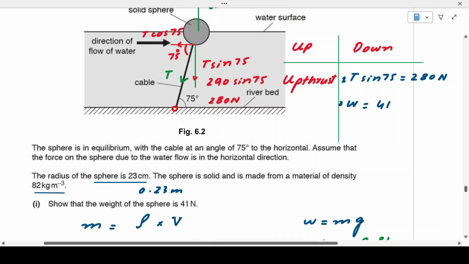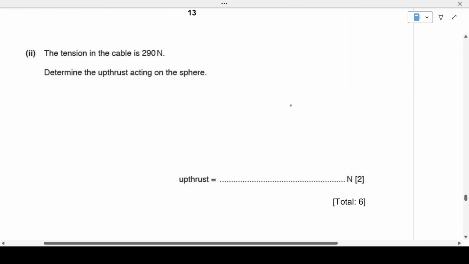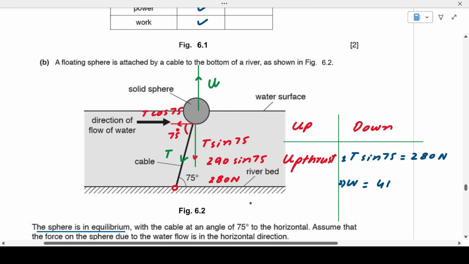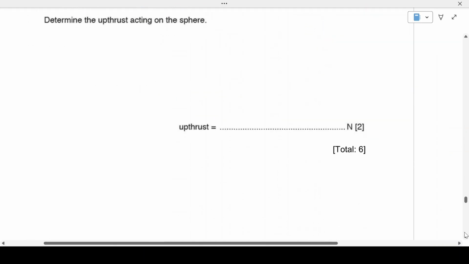The sphere is in equilibrium. It means upward forces equal downward forces. So the upthrust equals 280 plus the other downward force, which is 41. So you get 321, or you can write in 2 SF as 320. Both should be acceptable.